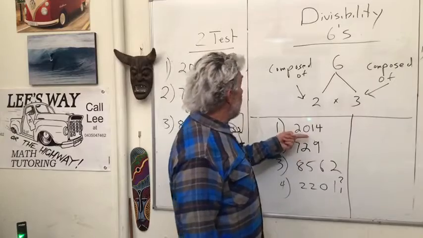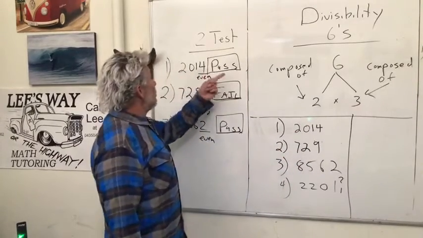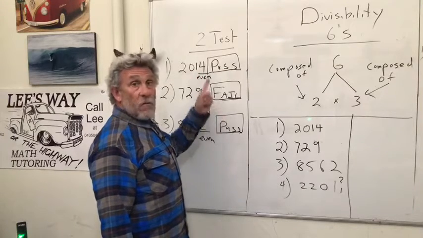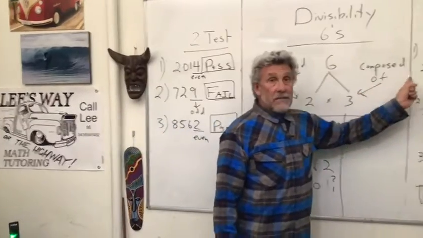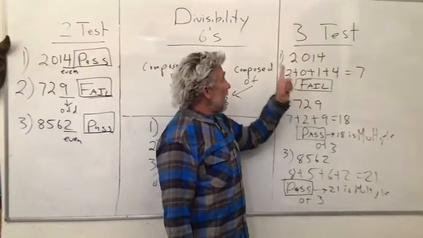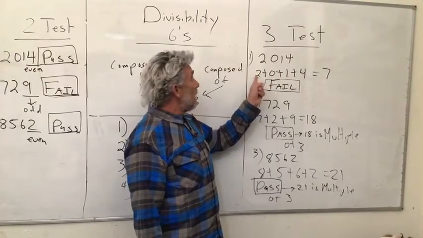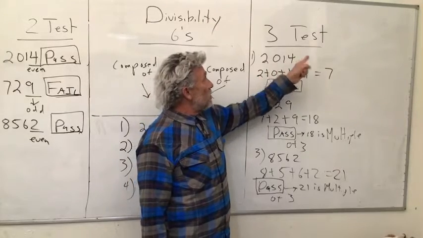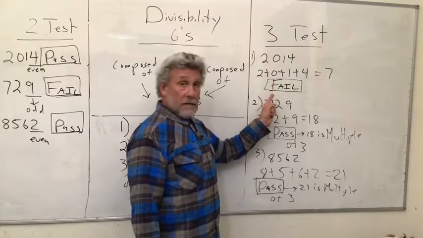So 2014, we're going to look at the 2 test. Now 2014, the 1's digit is even, it's a 4, therefore it passes. Now if we come over to the 3's test, we find out that it fails the 3 test. And what is the 3 test? We're going to add up the digits. 2 plus 0 plus 1 plus 4 is 7, which is not in the multiplication tables of the 3's.